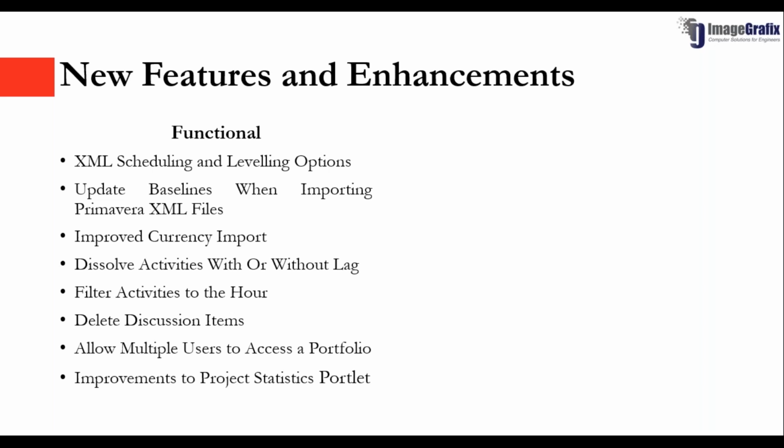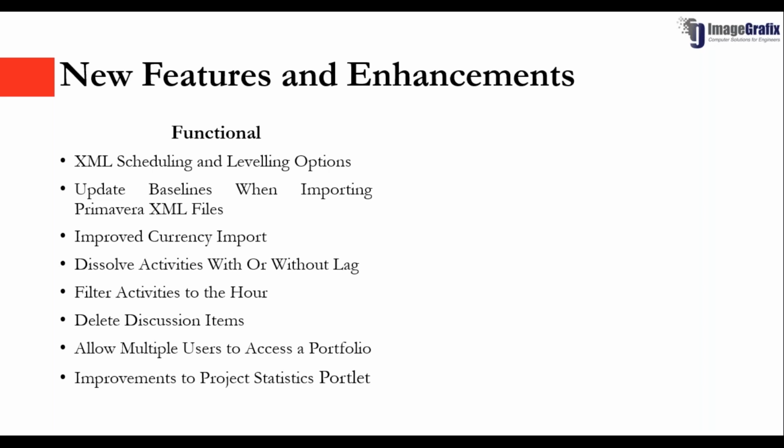Now coming to new features and enhancements: these are the functional features which are helpful for everyday users who use Primavera on a day-to-day basis. Oracle has made many small incremental changes from 18.8 to 19.12, but we are only presenting the most commonly useful features and enhancements.